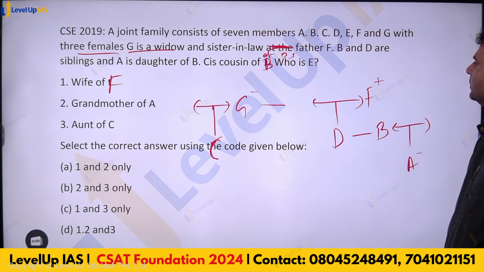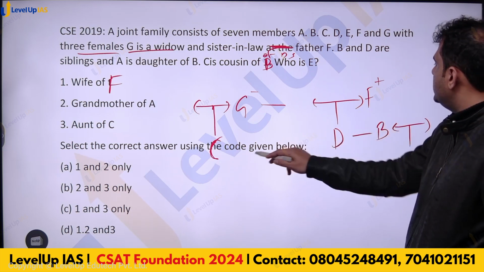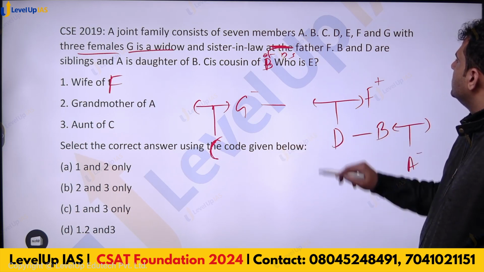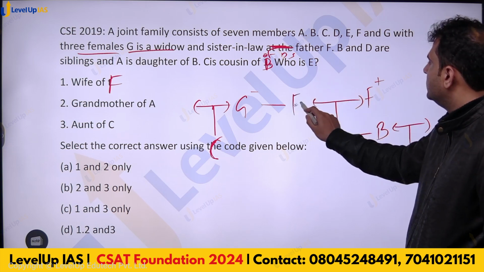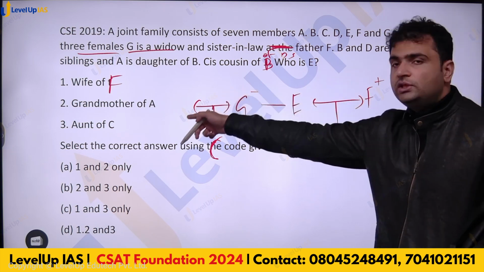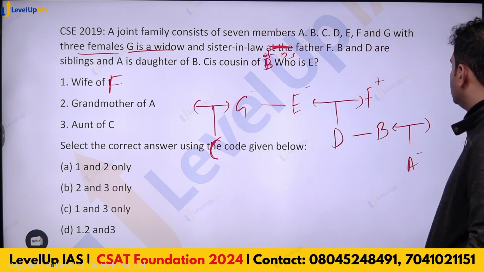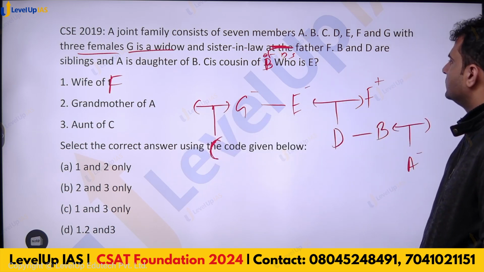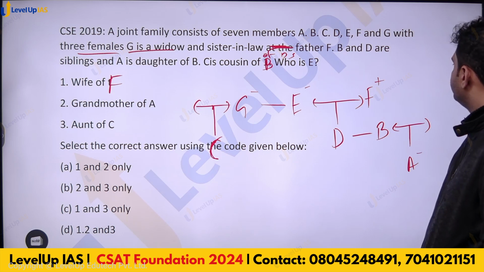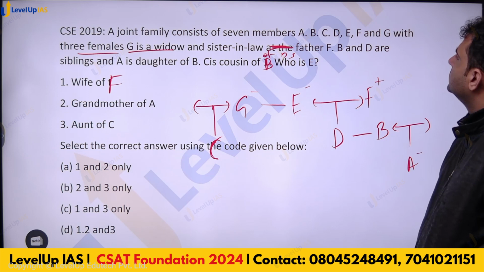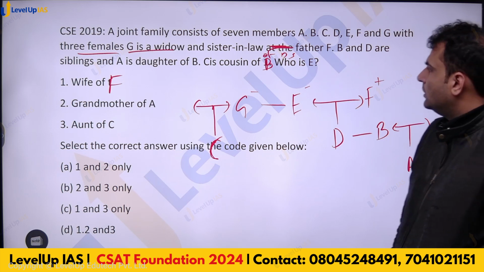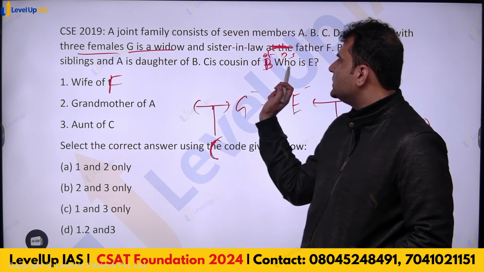And now who else remains? A, B, C, D. Only E remains. E has to be here then, because that is the only blank spot. G is widowed, so there is no one there. This has to be it, right? Okay, let us see now. Who is E?